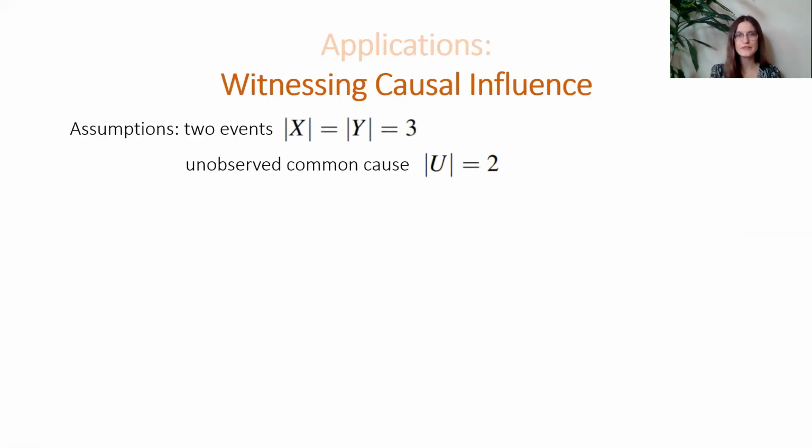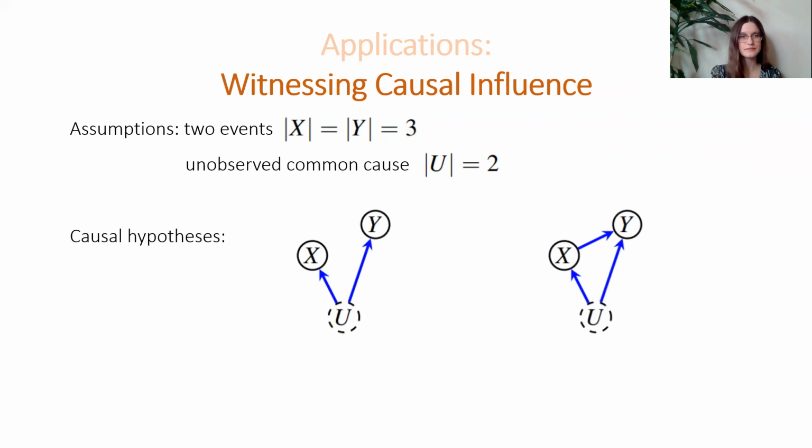Okay, so let me start with the problem of witnessing causal influence. Let's start with the following assumption. We have two events, x and y, and they both have cardinality 3. We also have an unobserved common cause, u. It's a common cause of x and y, and it has cardinality 2. Based on this information, we can make the following causal hypothesis.